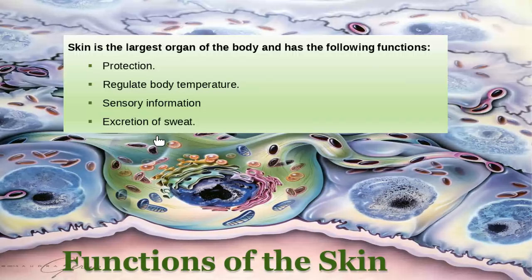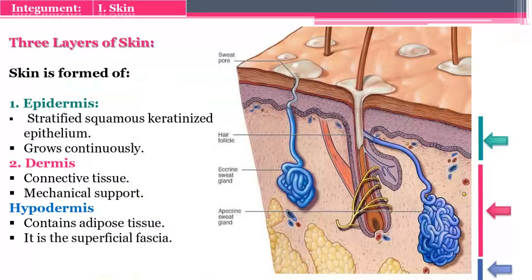So let us see the structure or the layers present in the skin. The skin is composed of basically three layers, that is the epidermis, dermis and hypodermis. But we consider basically two layers, epidermis and dermis, and the dermis is further divided into hypodermis.